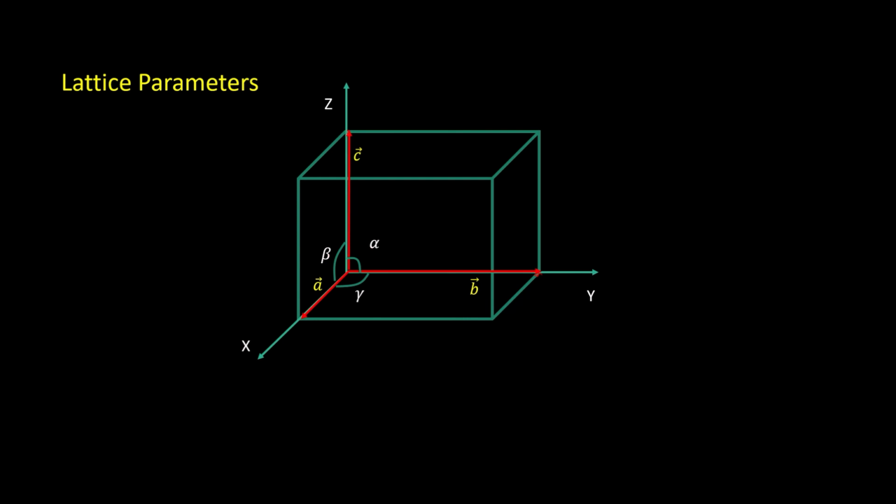You can see that alpha is the angle on the opposite side of lattice vector A, right?